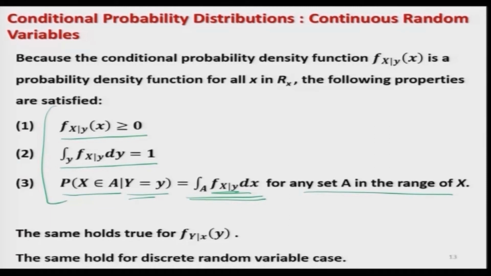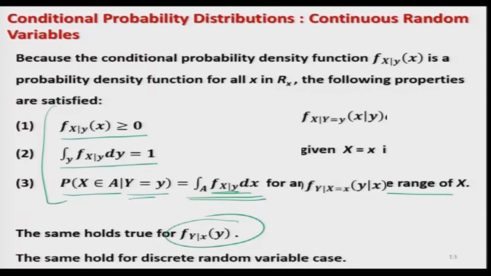So this is what we have defined for the conditional probability of x given y, and similarly you can define f of y given x, the conditional probability density function of y given x, right. And if you want to define it for discrete random variables, exactly, you can define it in the same way, right.